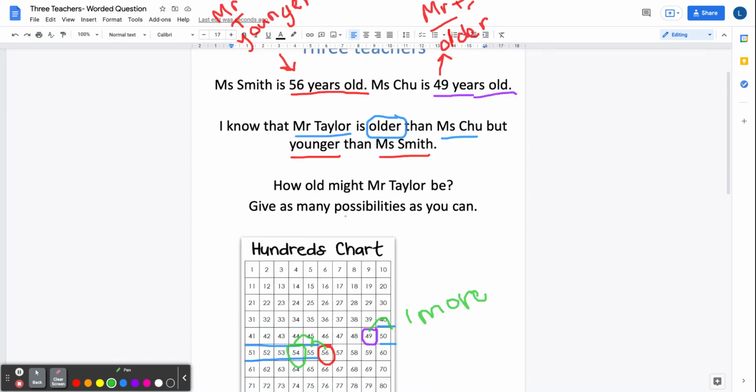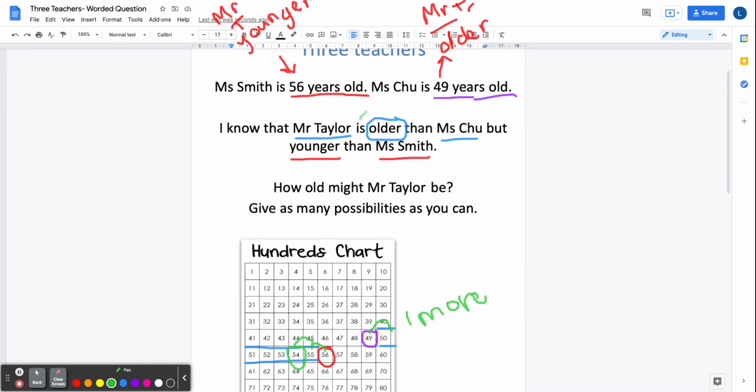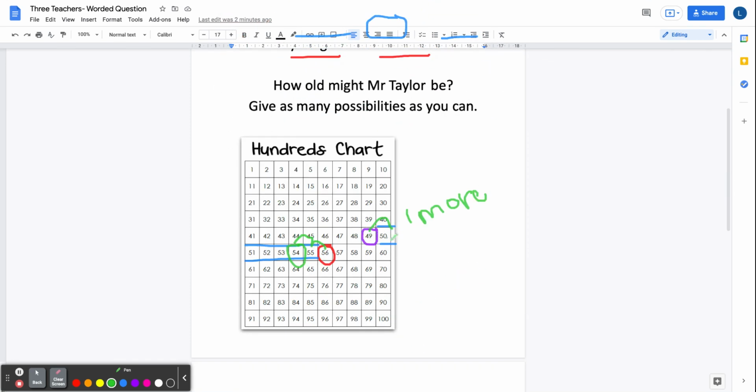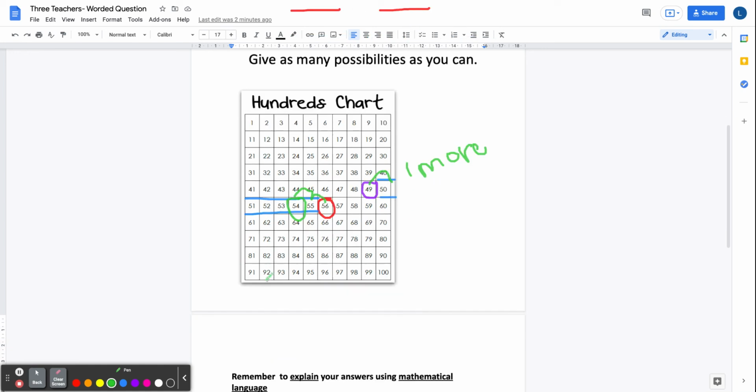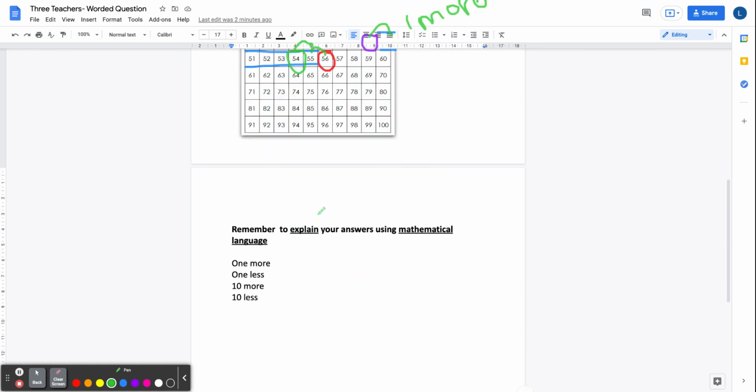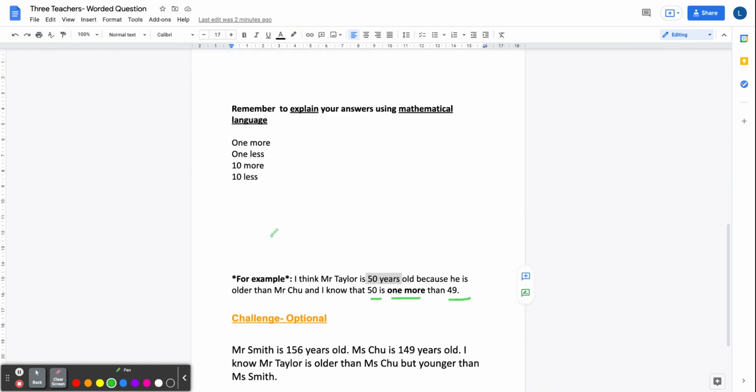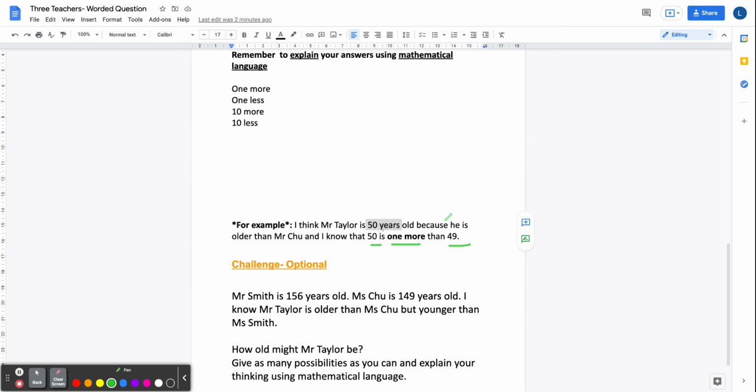So the first part of the question is, how old do you think Mr. Taylor is? And using your hundreds chart, we can see there's many different numbers he can be. And then the second part is you have to explain your thinking using mathematical language. So just like Miss Portelli has, you write a sentence saying how old you think Mr. Taylor is and why you think he is that old.